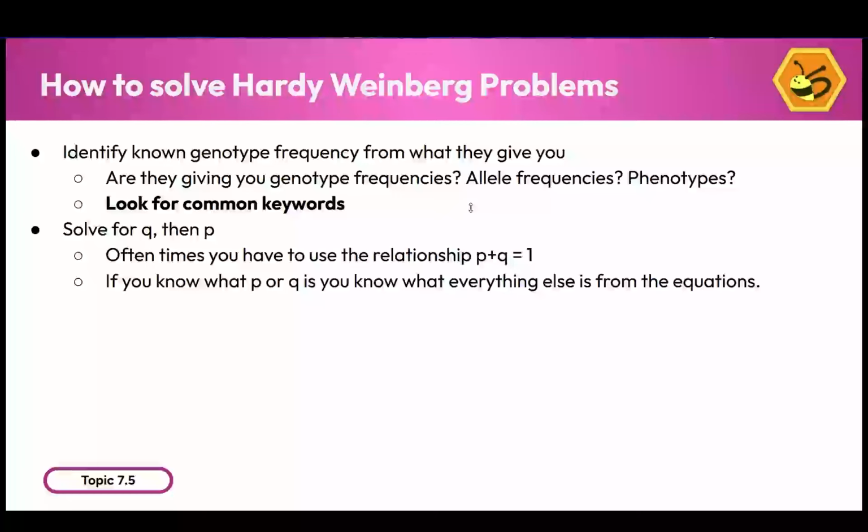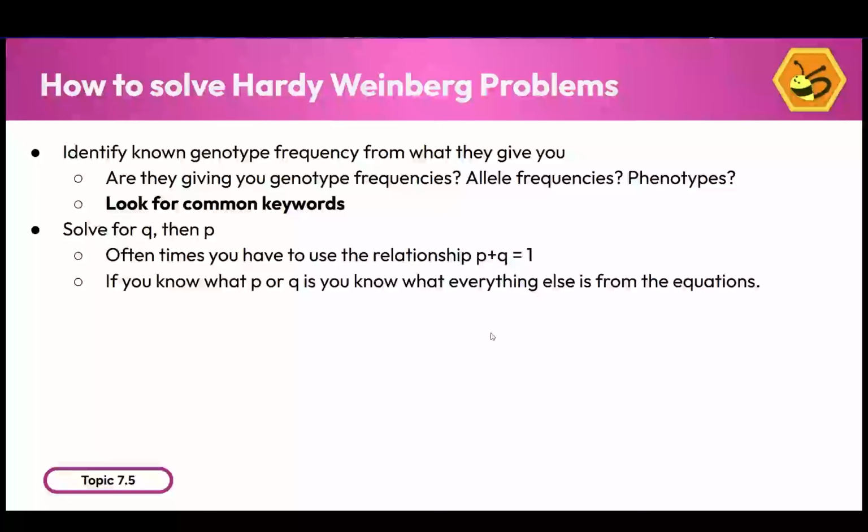Let's say that red is dominant and blue is recessive. If they say 50 people have the red trait, you can't know if they're homozygous or heterozygous. But if they tell you there are 10 blue people and blue is recessive, then you know for a fact that those people are homozygous recessive. Does that make sense? All right, perfect.